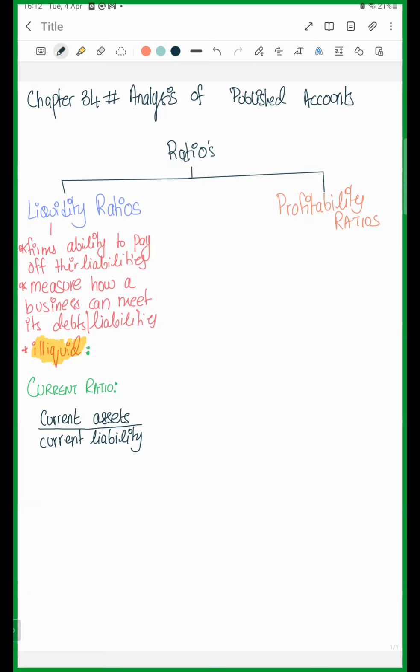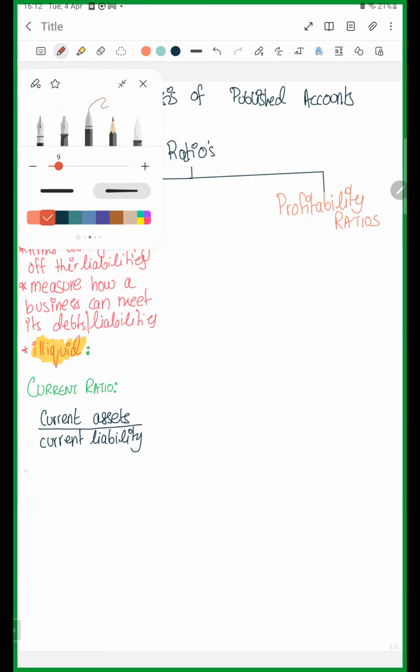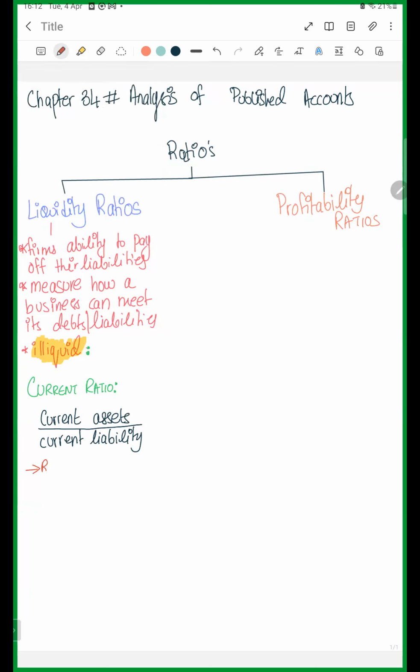Things to keep in mind is that the result will always be in a ratio. Let's say my result here is 2/1.